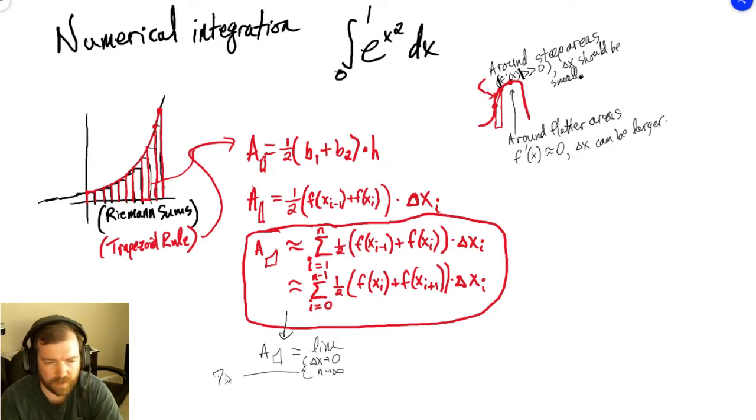You can just pick one. It's going to be the limit as I goes from 1 to n of 1/2 times f of x sub I minus 1 plus f of x sub I times delta x sub I.